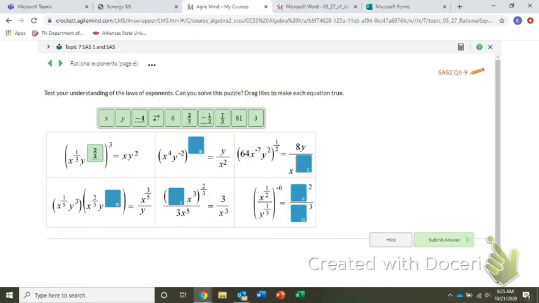All right, the next one, we have an x to the 4th and a y to the negative 2, and our answer is y over x squared. So we know we're going to have to use the power rule again because it's looking for that power that we would multiply by. So, we know it can't be a letter.